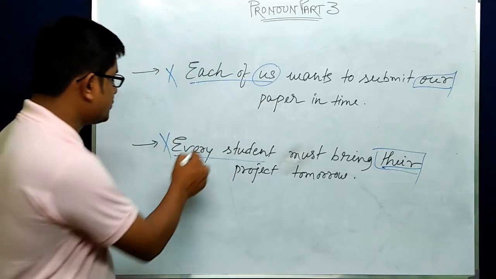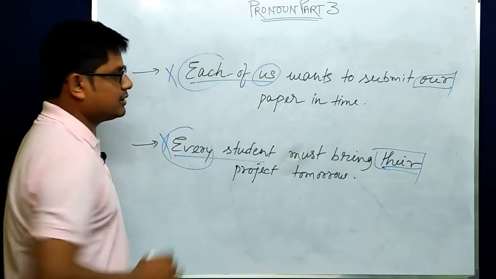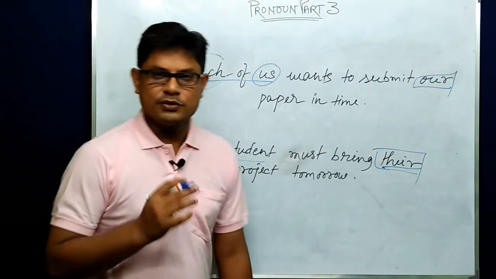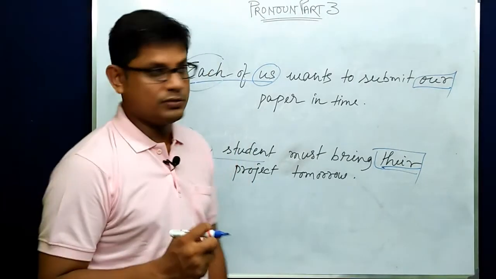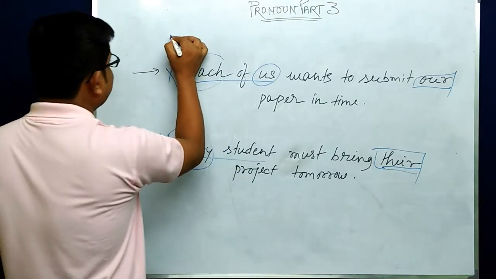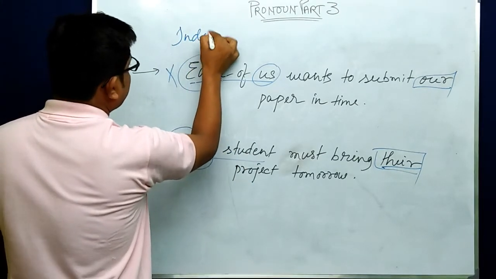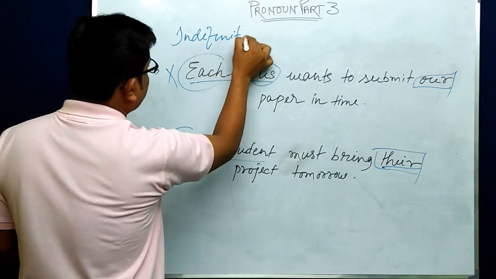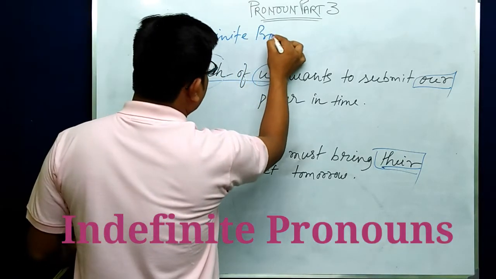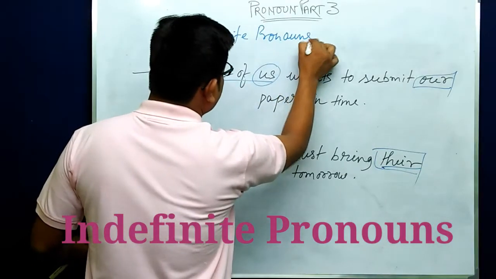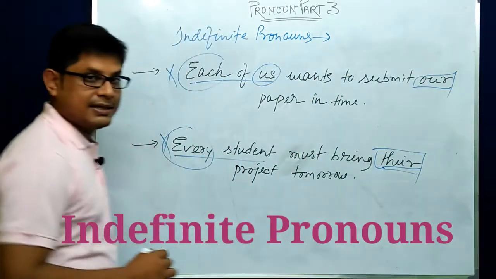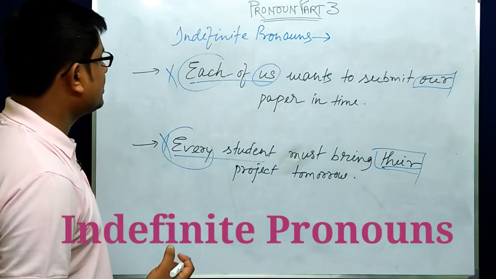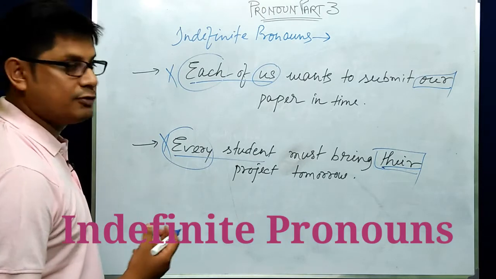I have used every and each. These all are pronouns. What kind of pronouns? These are called indefinite pronouns. Which are the indefinite pronouns? Let me give you some examples.